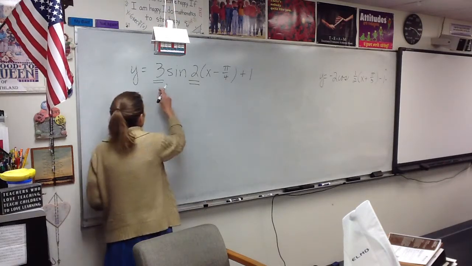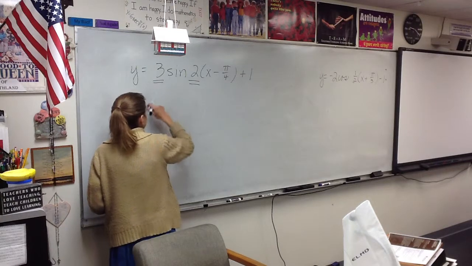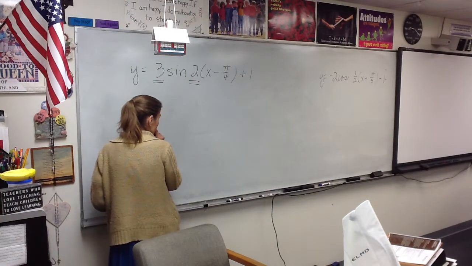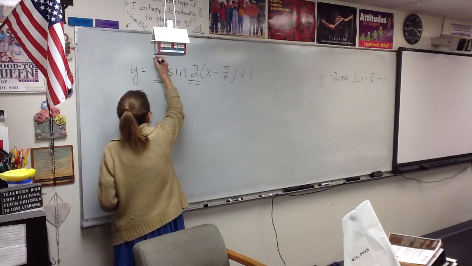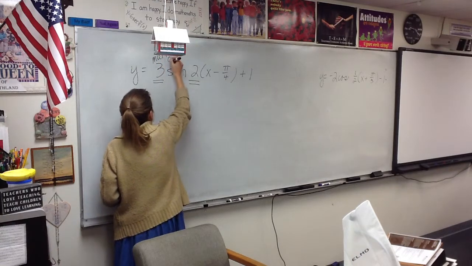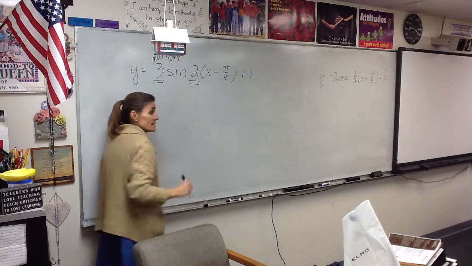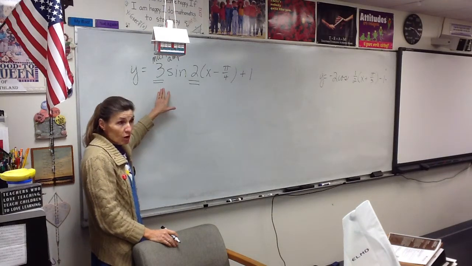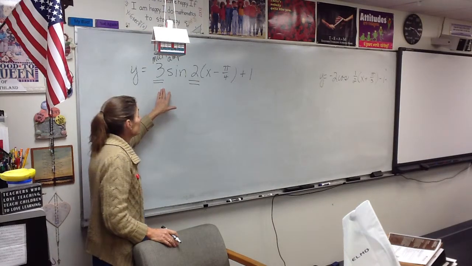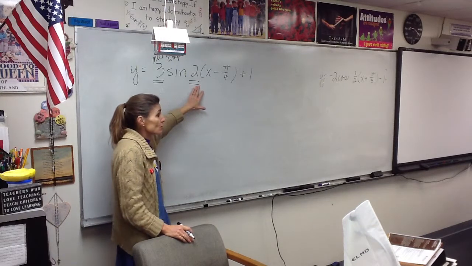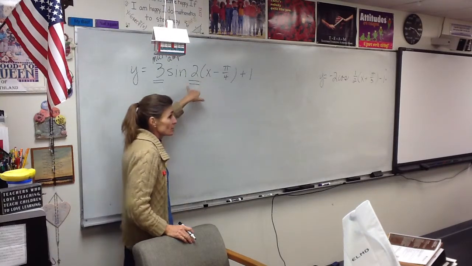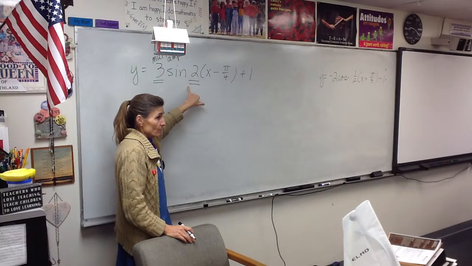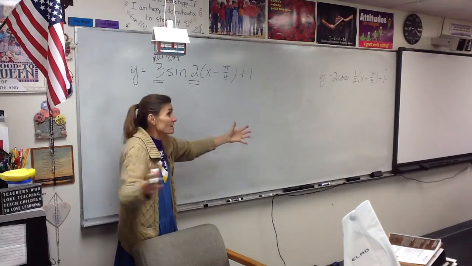We remember that a number out here in front does what? Makes it taller. It multiplies the amplitude, so it affects the height. Since that's a 3, it absolutely will make it taller, right? What does a coefficient here do? A multiplier attached to the x. It changes the horizontal length.